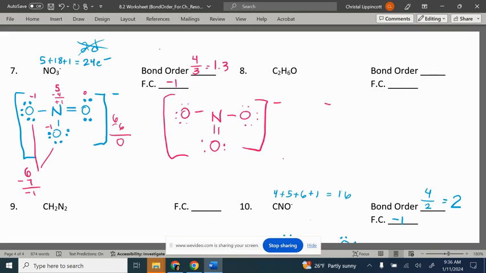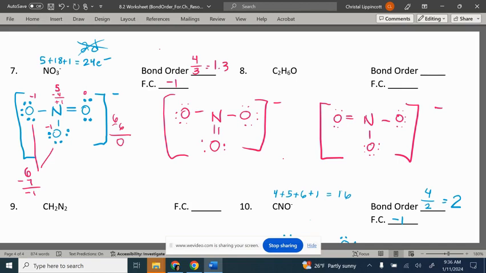I could also draw this where I have the double bond positioned over here. That's resonance. Told you I could do it in 4 minutes.